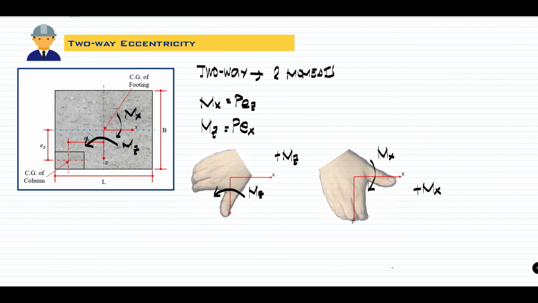So magagamit natin din dito yung kern distance eh. So alam natin kung saan nakaturo to, nandun yung maximum moment. Kung saan iniangat or yung tail nung arrowhead natin, nandun naman yung aangat at nandun yung Qmin. So ganun kahalaga yung right hand rule, and ganun din kahalaga yung malaman ano yung one way and yung two way eccentricity.